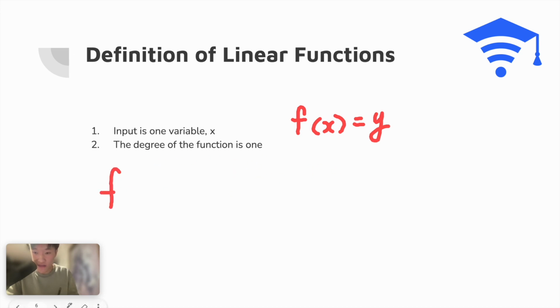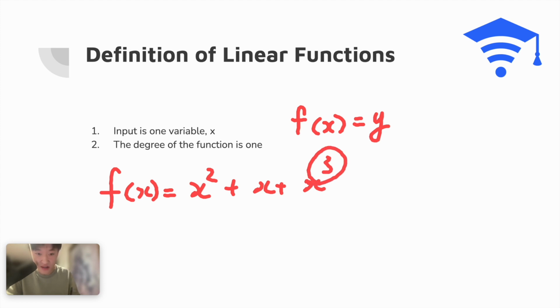So we can have a function of x such that it is equal to something like x squared plus x to the power 3. The degree is talking about the highest exponent on x, right? So in this case, the highest exponent is 3 here, and so the degree of the function is not 1.